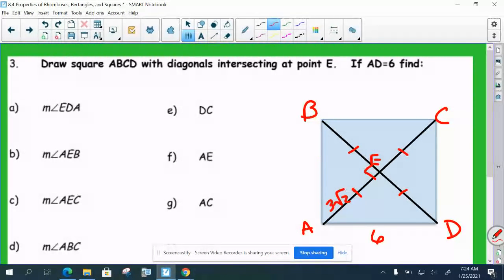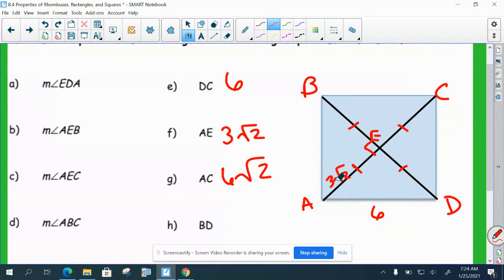So all 3 of these sides are going to be 3 square root 2. So AE is 3 square root 2. DC is this part, that's also going to be 6. AC is the whole thing, so that would be 6 square root 2. And this last one is asking for BD, that will also be 6 square root 2.